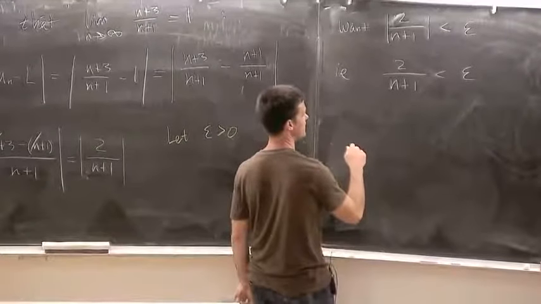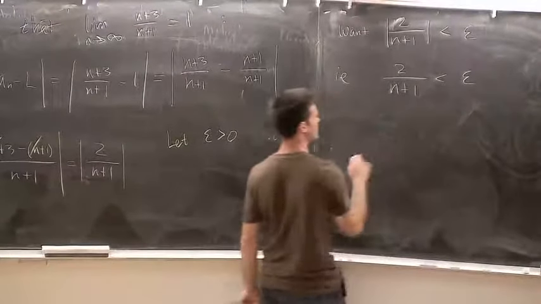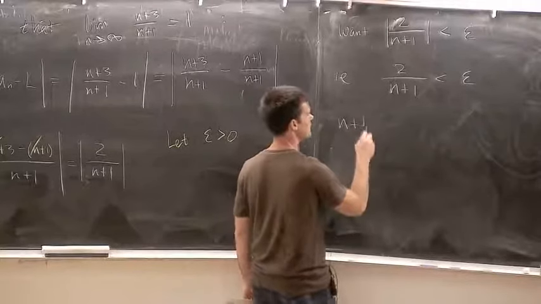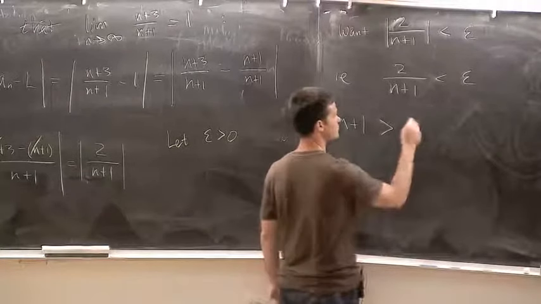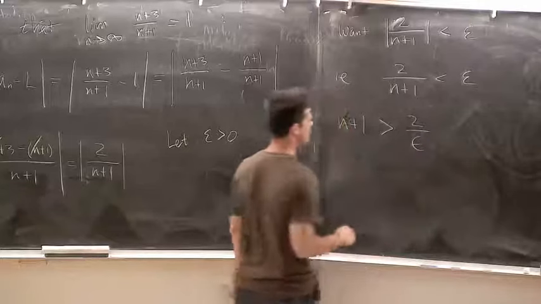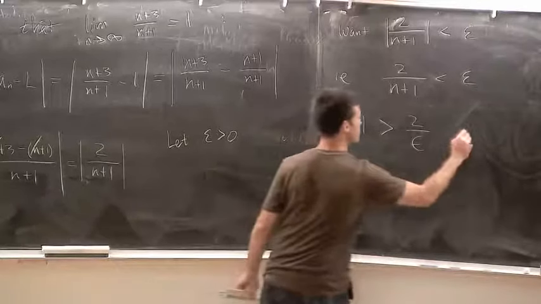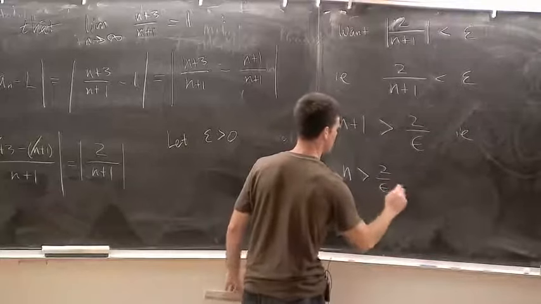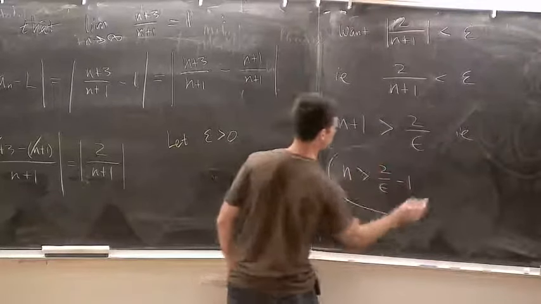So let's see. If I divide both sides by epsilon and multiply by n plus 1, I get n plus 1 greater than 2 over epsilon, i.e. n greater than 2 over epsilon minus 1.